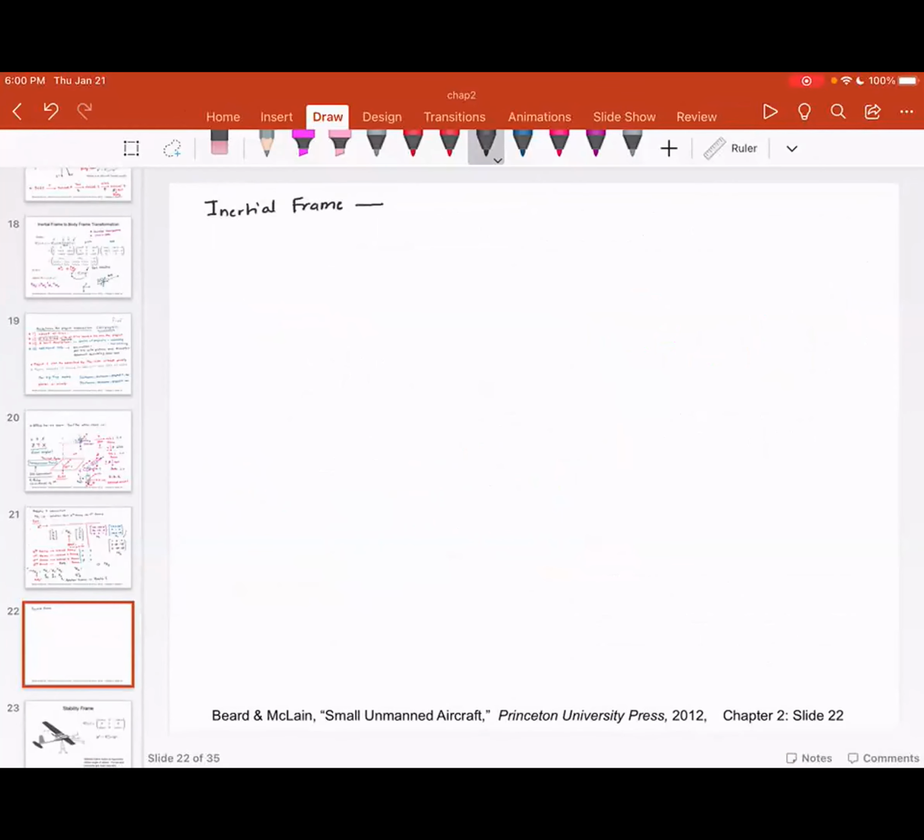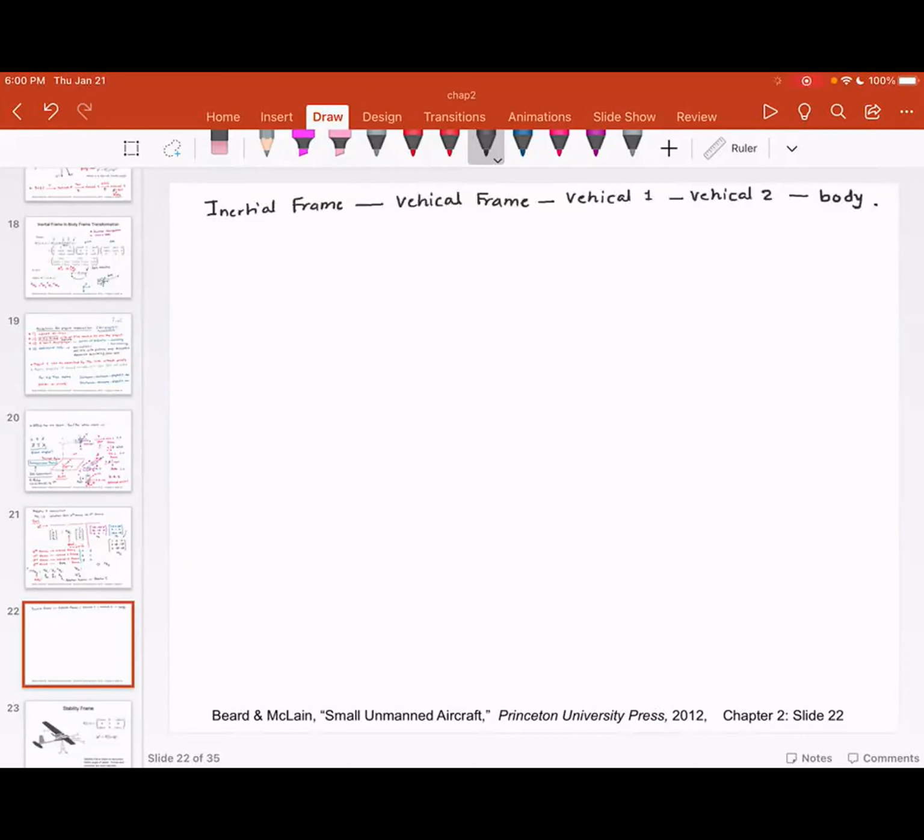Then we went to the vehicle frame, then to the vehicle 1 frame, then to the vehicle 2 frame, and finally, we reached the body frame.